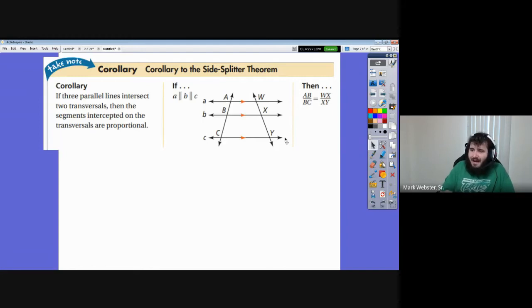Don't think of this any differently than that other one. Still the exact same thing. This over this equals this over this. Same exact property. Doesn't matter that it's a triangle. Doesn't matter that it's just lines. It's the same idea.